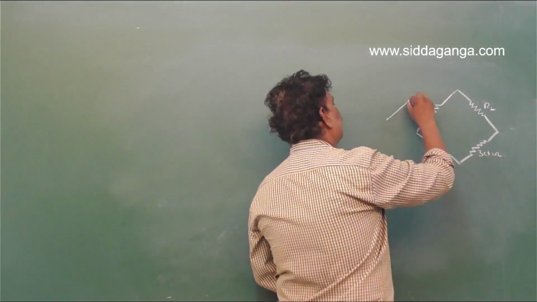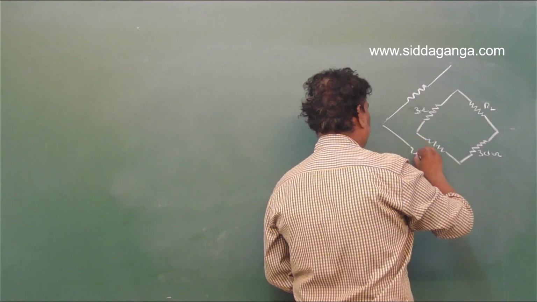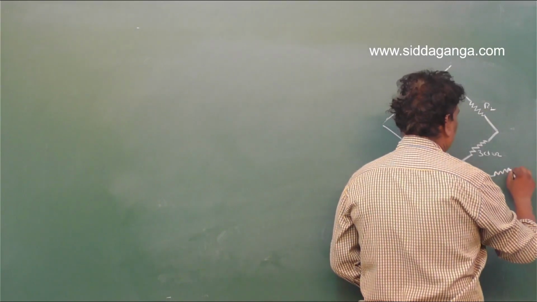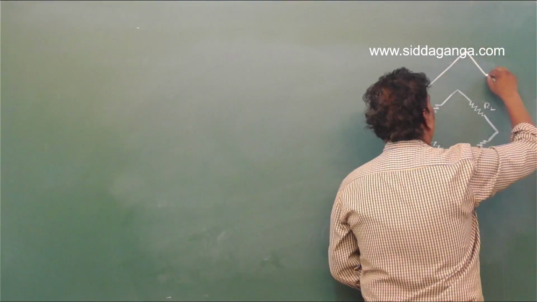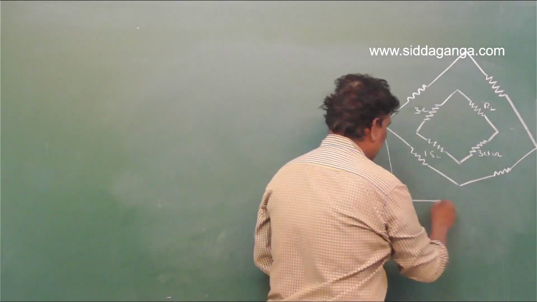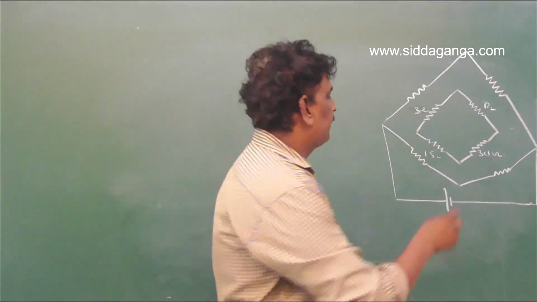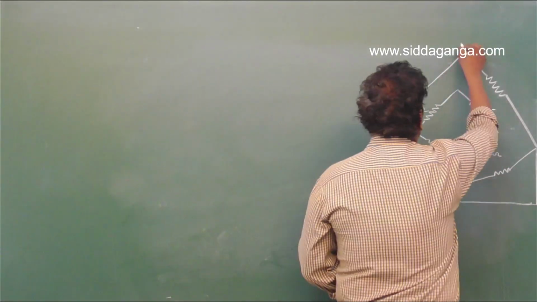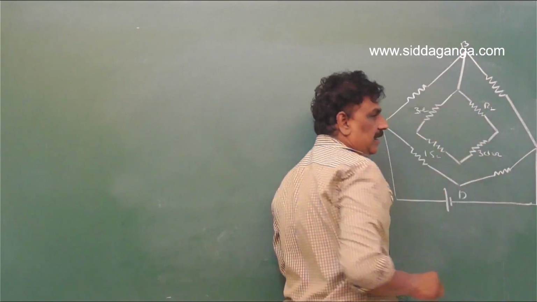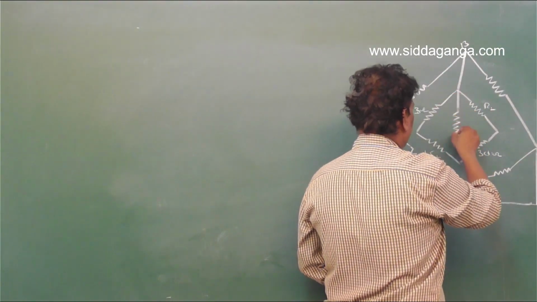And again we have the outer bridge. It is connected to a battery, with points A, B, C, D. So this B is connected to this internal one, and again here we have a resistance.